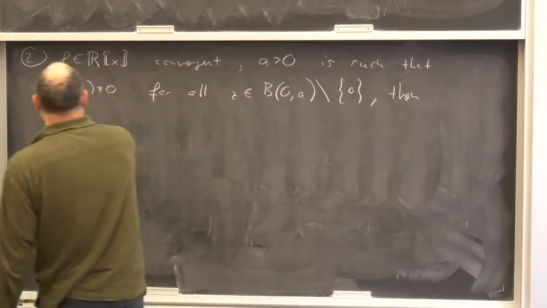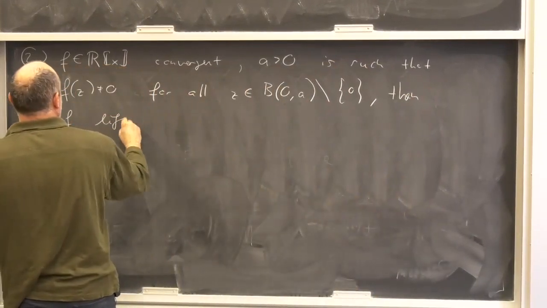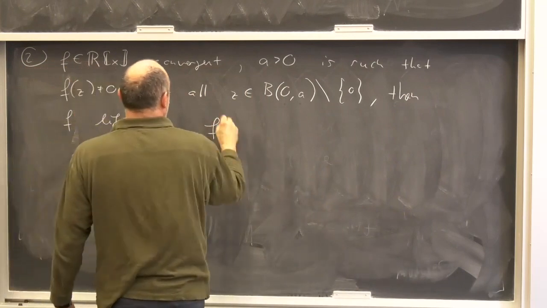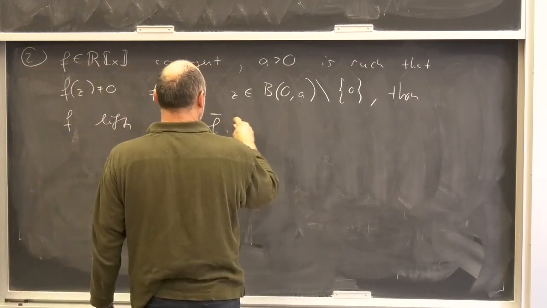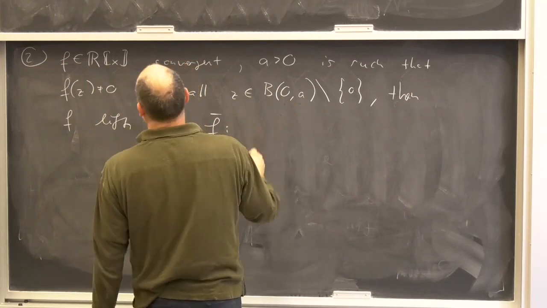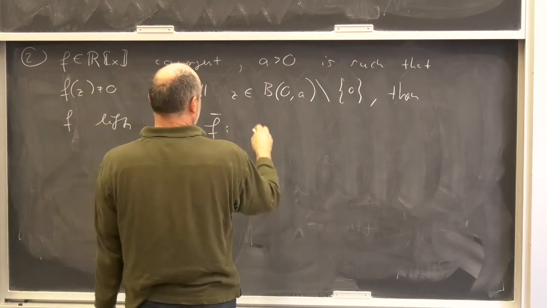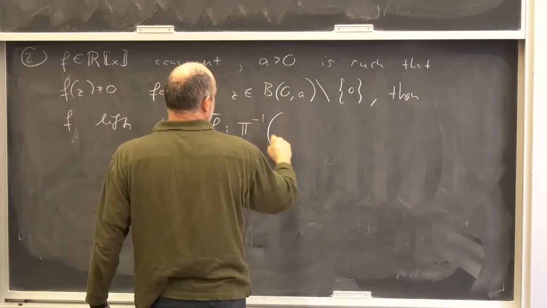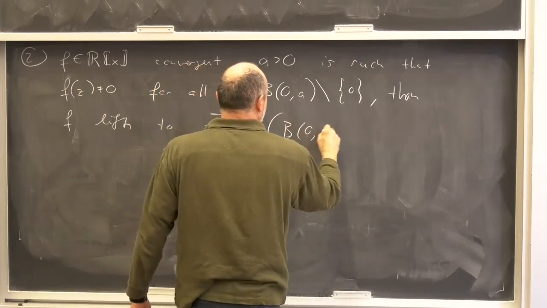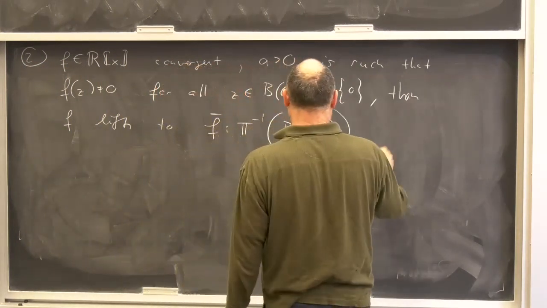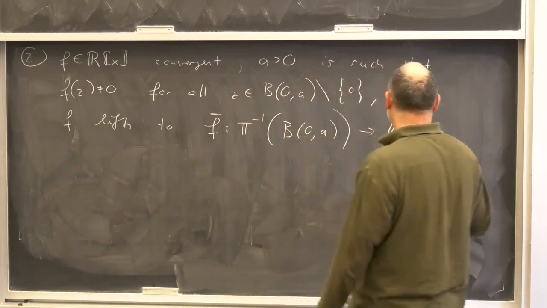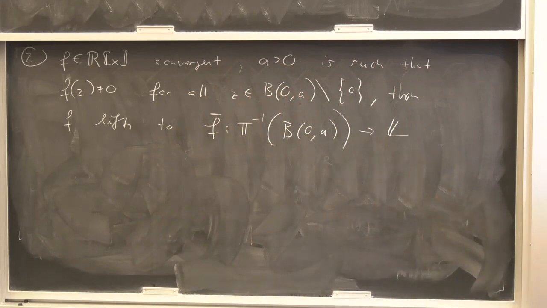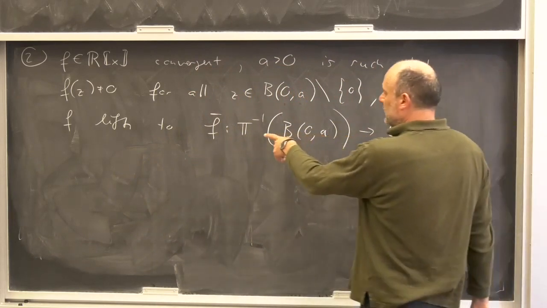And F lifts to F bar on the pre-image of this deleted disk. I'm just going to write it. And so here we have two possibilities for functions like this.